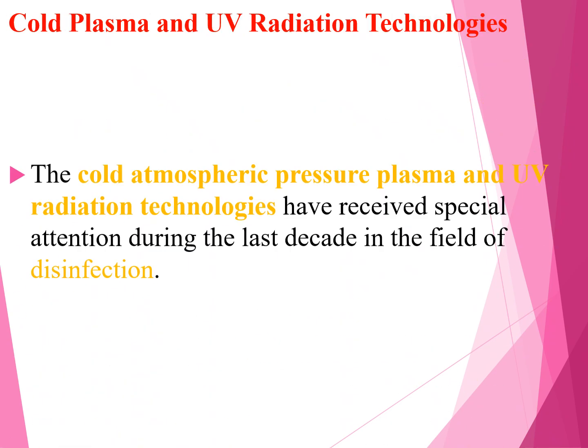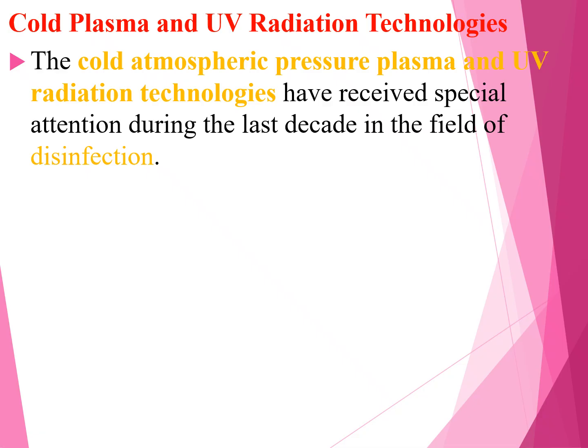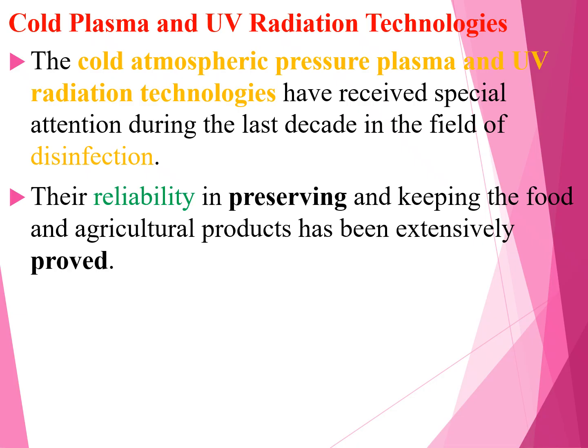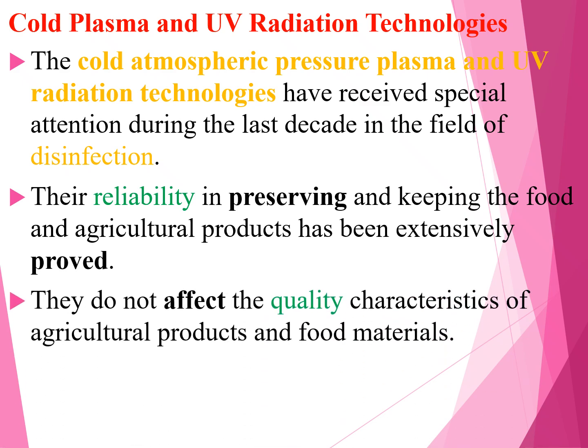Then I want to speak about the advantages of cold plasma and UV radiation technology. Cold plasma and UV radiation technology have received special attention during the last decades in the field of disinfection. They are very reliable in preserving food and agricultural products, and they can be extensively used on different food materials.